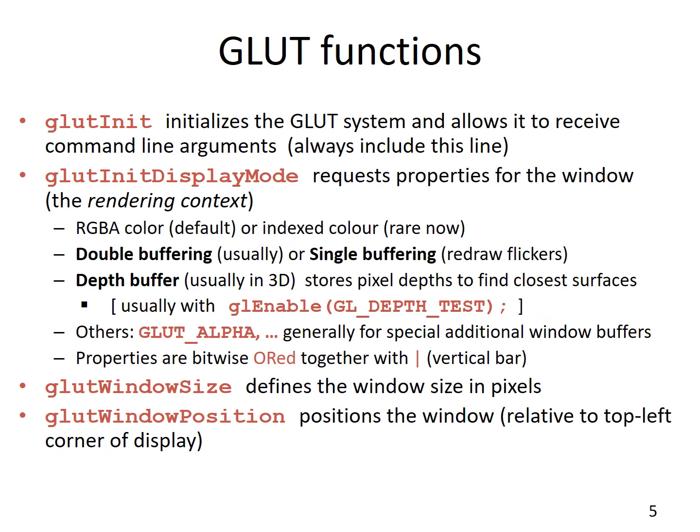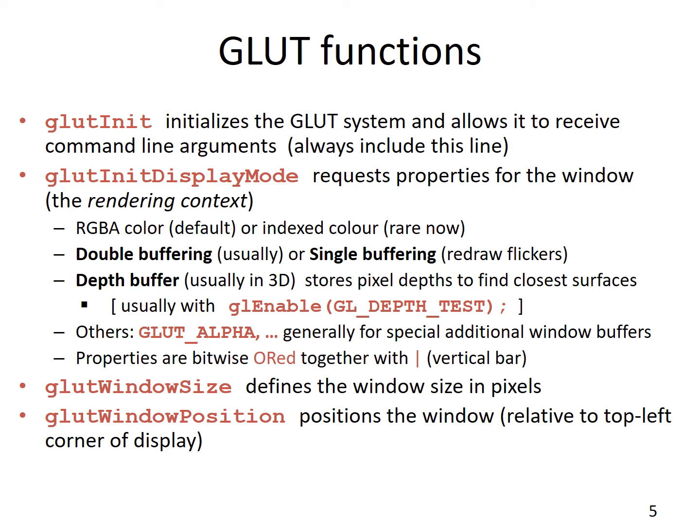Glut functions. glutInit initializes the glut system and allows it to receive command line arguments. Always include this line in your code. glutInitDisplayMode requests properties for the window, that is the rendering context. RGBA color is default, or you could also use indexed color, but it is rare now. Double buffering is usually used for smoother graphics, or you could perform single buffering to save resources, but this will result in redraw flicker.